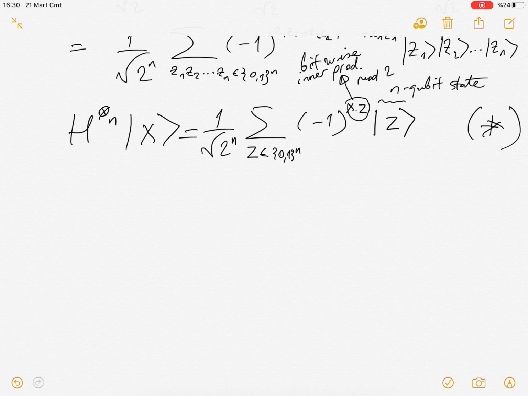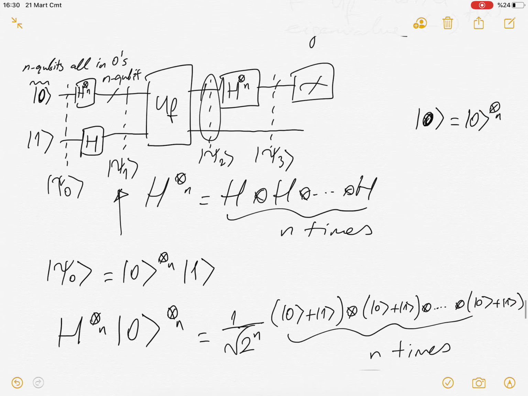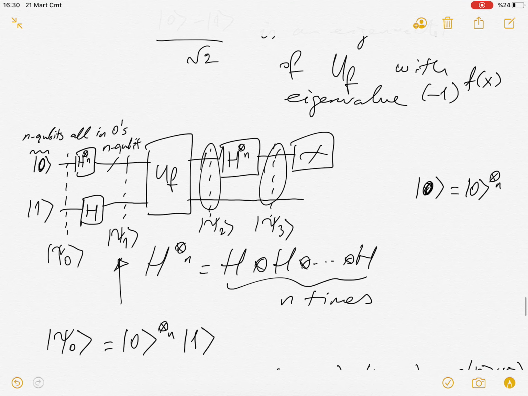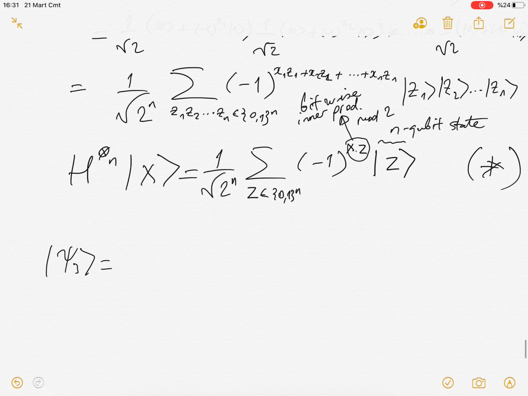Okay, so psi 3, that is the state after the final n-qubit Hadamard transformation, will be, we're writing psi 3 after the n-qubit Hadamard transformation is applied on the first register.